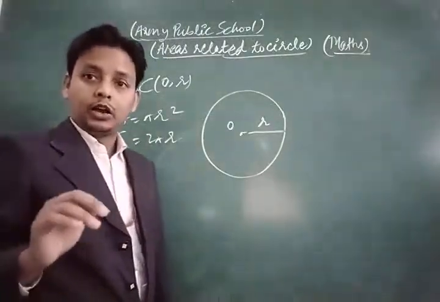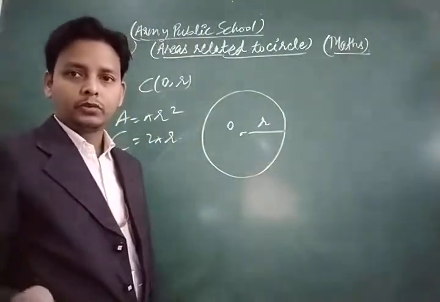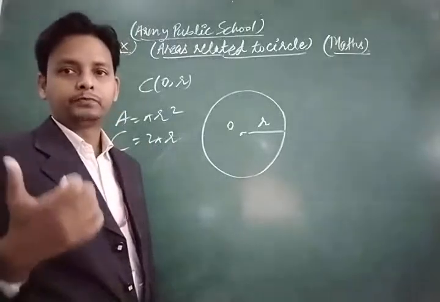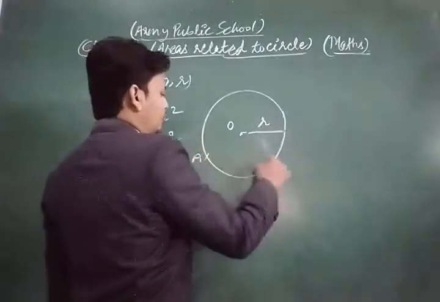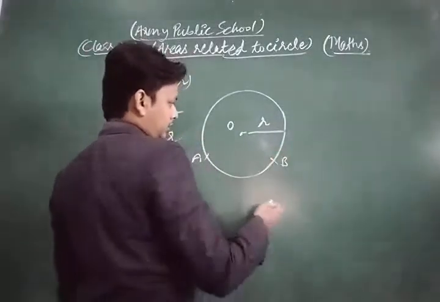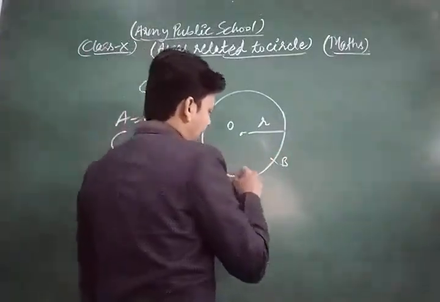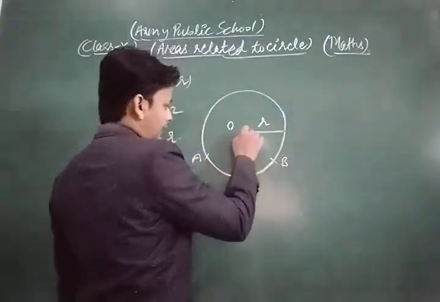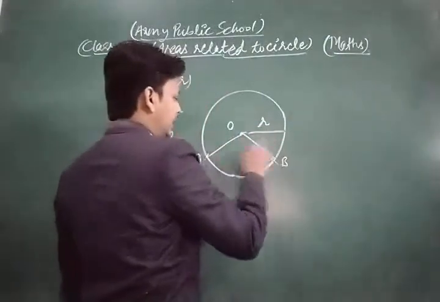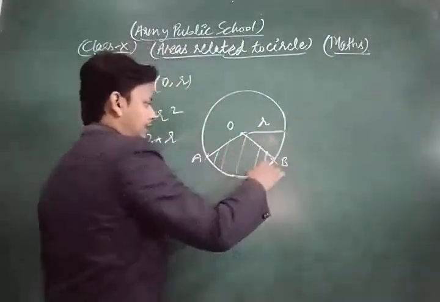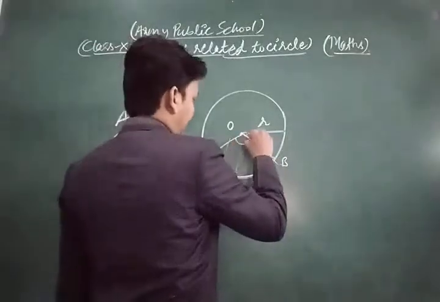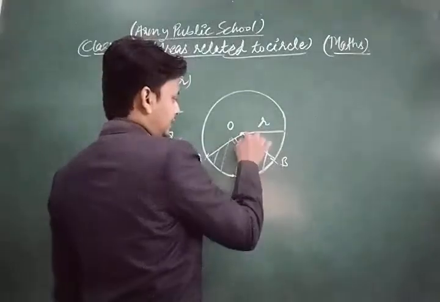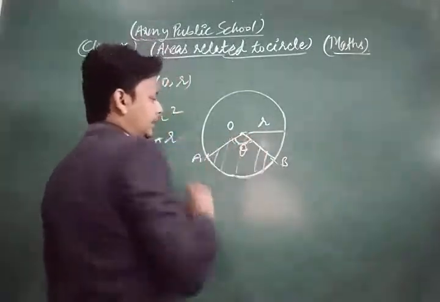Okay. Now we are going to discuss two important formulas: the area of a sector and the area of a segment. What is a sector? If we take two points A and B on the circle, this is a piece of an arc, and if you join OA and OB, then that region is called the sector of a circle. Suppose the angle subtended by the arc at the center of the circle is theta.